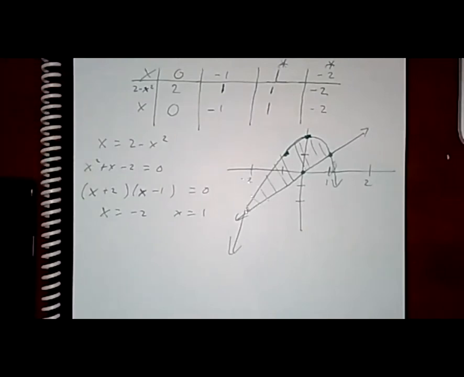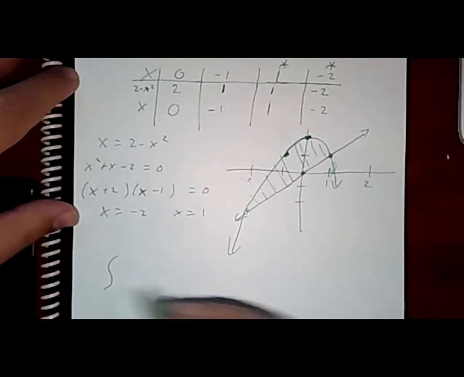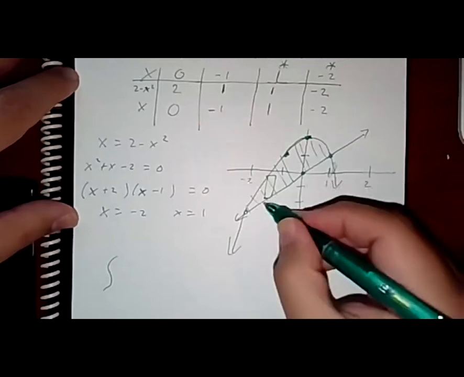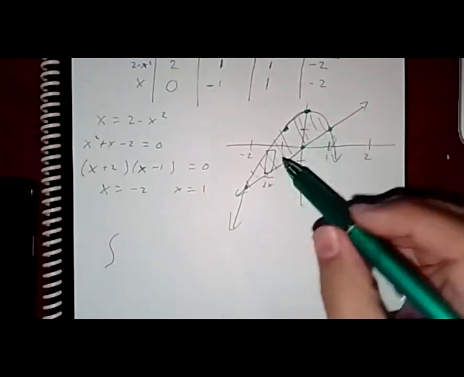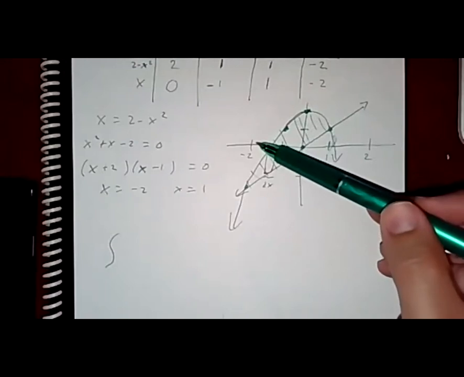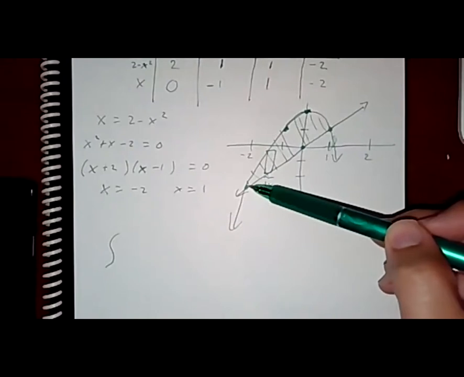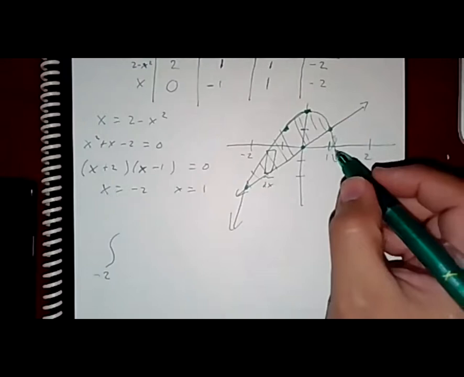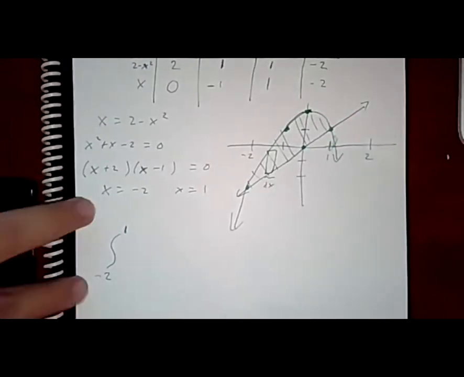Because without the intersecting points, I don't know what the bounds will be, how far I'm going to make my dx rectangles, sorry. So the lowest point, where they intersect, where they close off the region, is -2, all the way until the other intersecting point, 1. Does that make sense where the bounds come from?